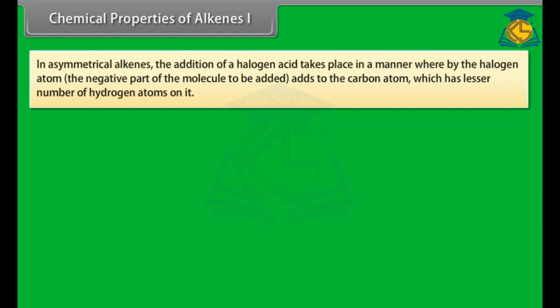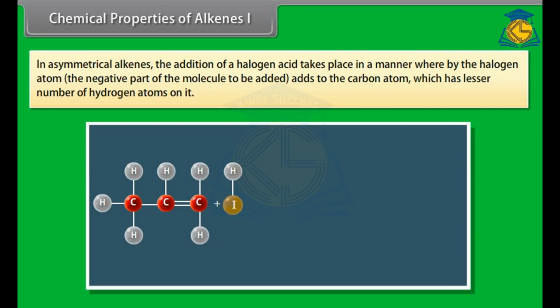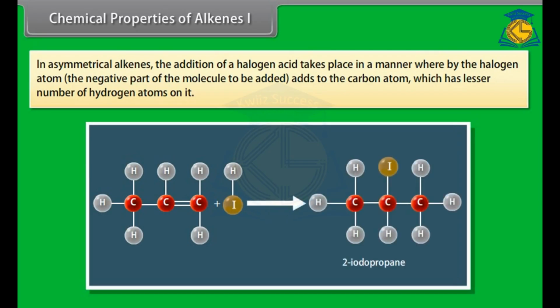In asymmetrical alkenes, the addition of a halogen acid takes place in a manner whereby the halogen atom, the negative part of the molecule to be added, adds to the carbon atom which has the lesser number of hydrogen atoms on it. For example, in the case of propene, the product obtained is 2-iodopropane and not 1-iodopropane.